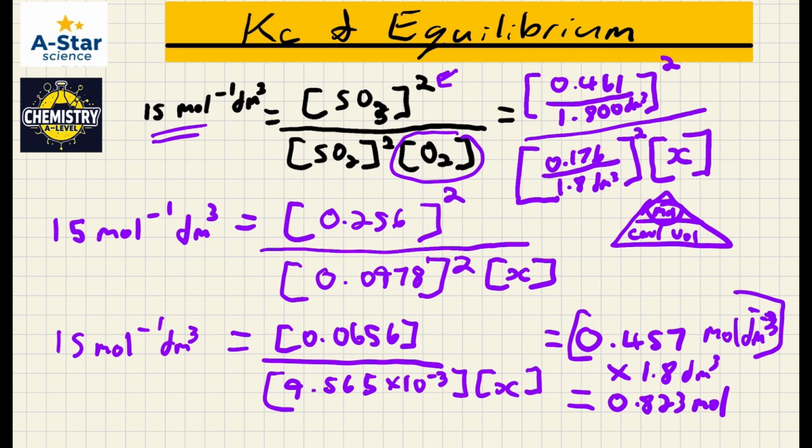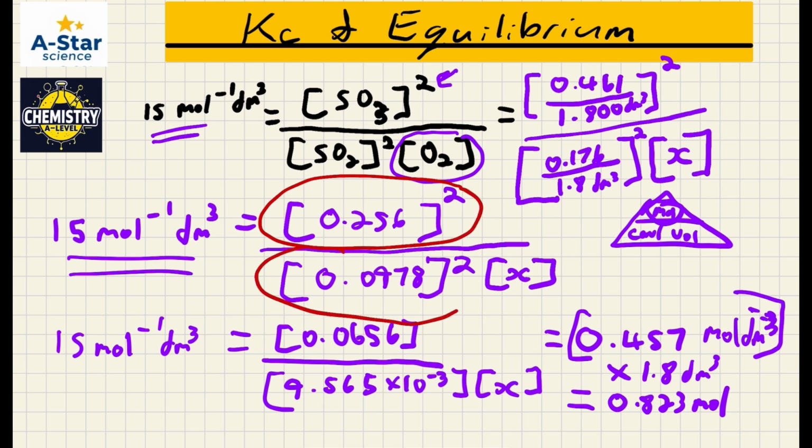So that is a more complicated style question, one where they gave us the Kc, and they gave us 2 of the equilibrium moles, and then 1 unknown. And we were able to work backwards and find out the unknown by using the Kc expression.